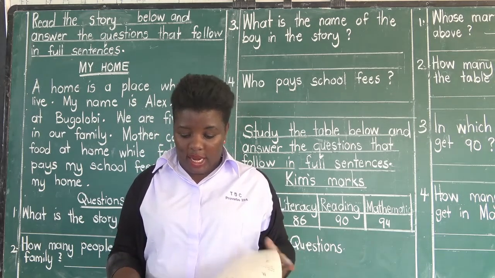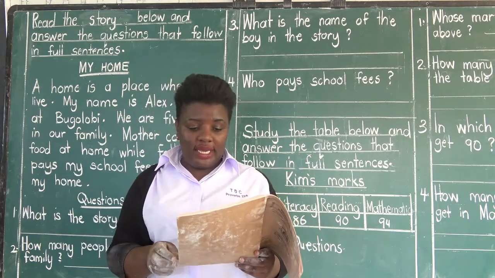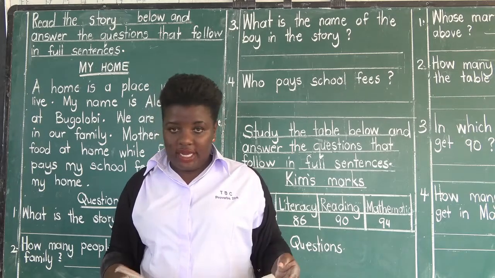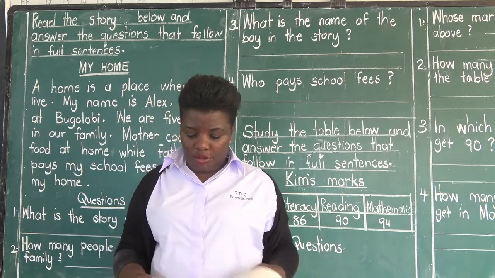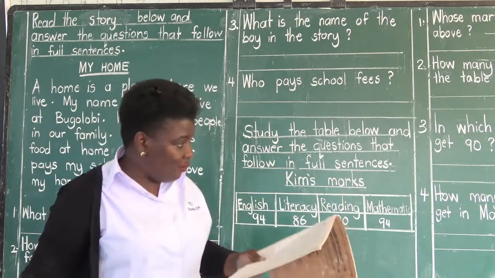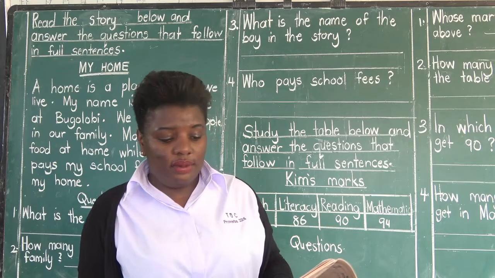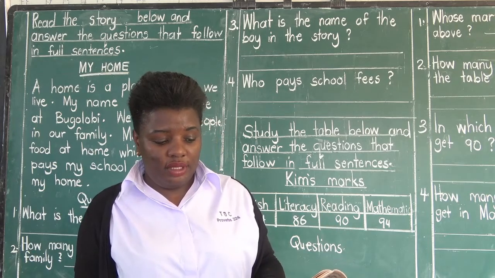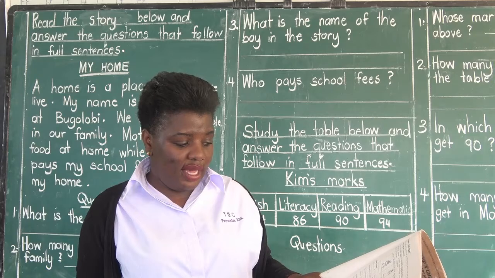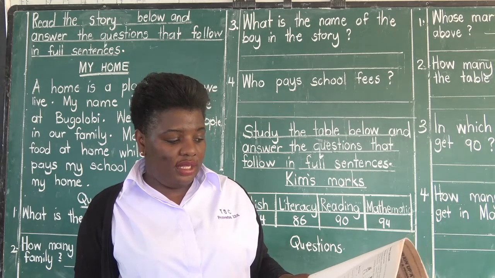The next activity says drawing and naming people found at home. They have drawn for us the pictures and they want us to name those people found at home. First, we have sister. When you look at that girl and the other woman, the other woman is taller than this girl.